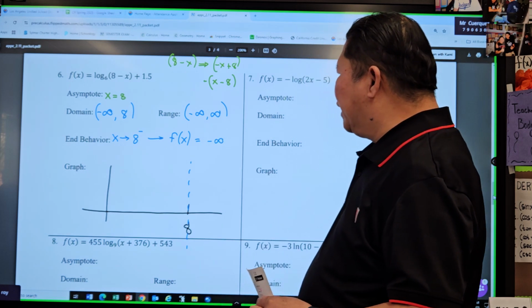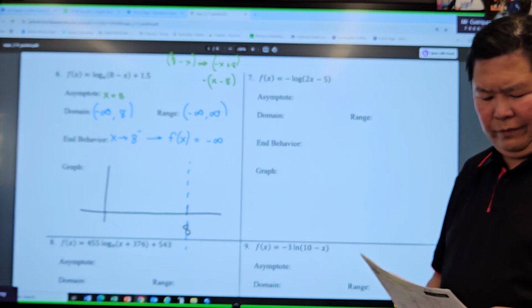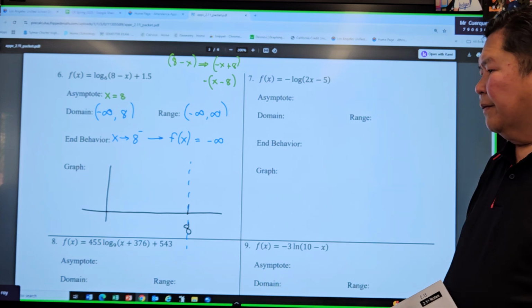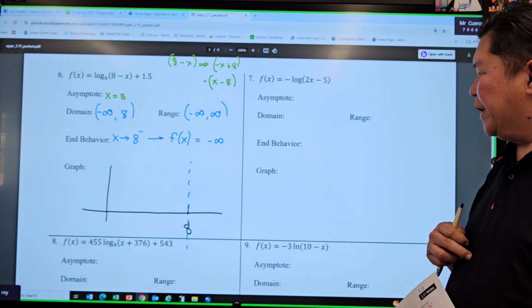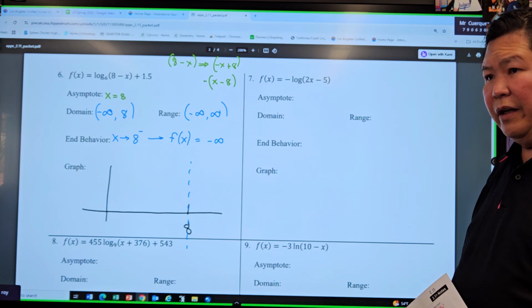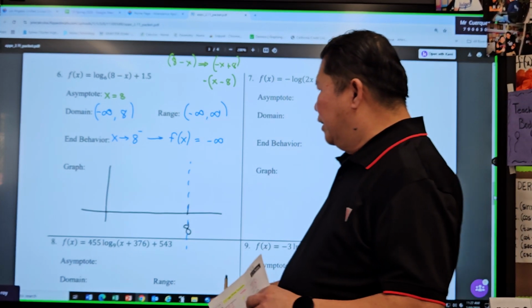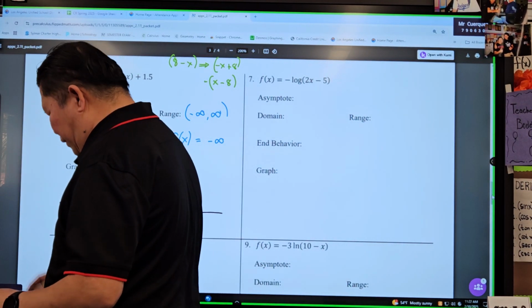And then how about the right of 8? It's going to be positive infinity. Again, the graph looks this way.